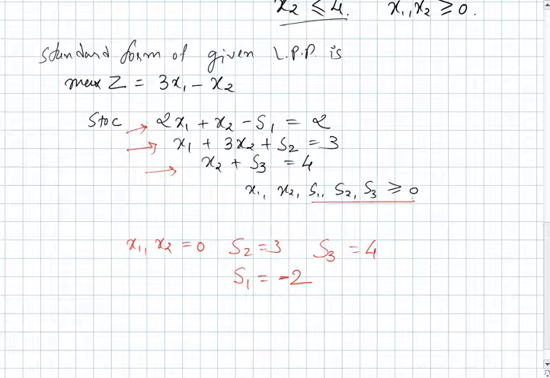To start the simplex method we require all variables to be non-negative, so we cannot continue with s1 equals minus 2. This is not a feasible solution. As in the previous cases, we have an equality here, so we can introduce an artificial variable.